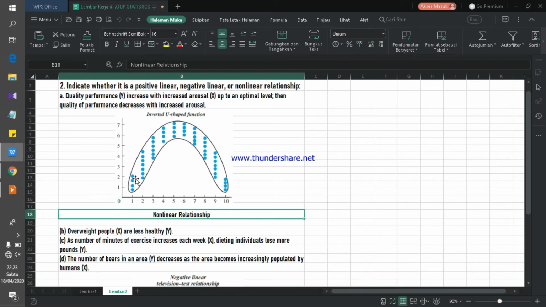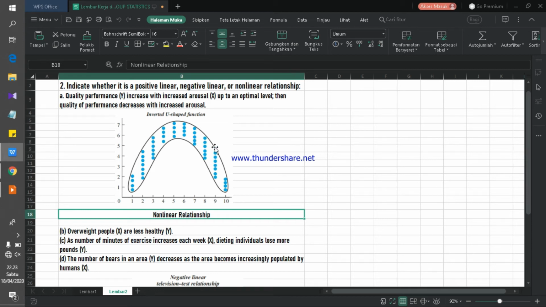So we can summarize that the data of this graphic or this scatter plot cannot be summarized by only one straight line, right? Because it needs more than one straight line, so we cannot summarize the data. That's why it is called a non-linear relationship.